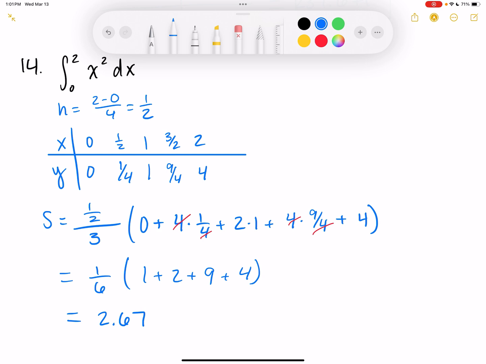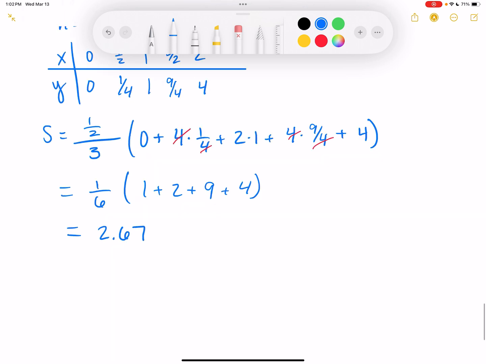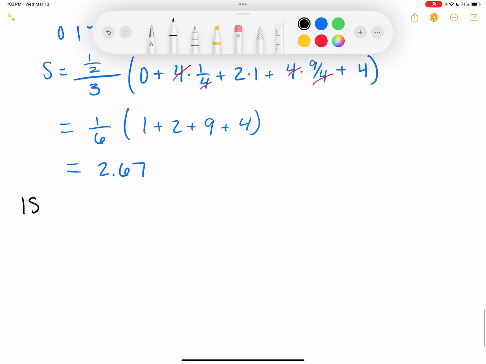Let's see. 18 is gonna be the same as 6, so let's look at that one. And that's the other thing where I'm saying, if you want to do them back to back, that way you don't have to do the tables and stuff multiple times. So we've got the integral from 0 to pi, sine of x dx.